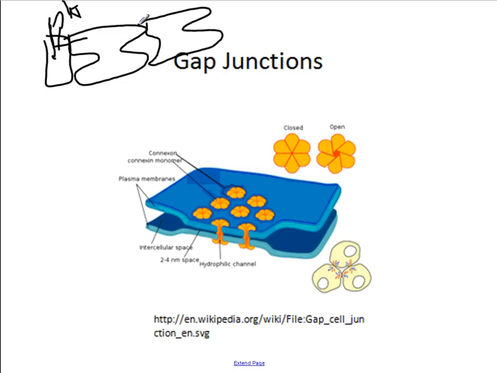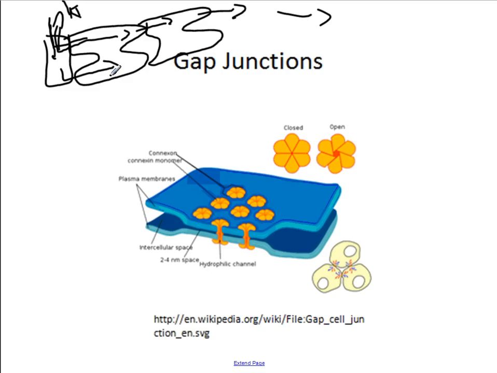Basically, what gap junctions do is they propagate that action potential from cell to cell to cell to cell throughout the syncytium. All right. So ions, which basically are the current, are transferred from cell to cell through gap junctions.